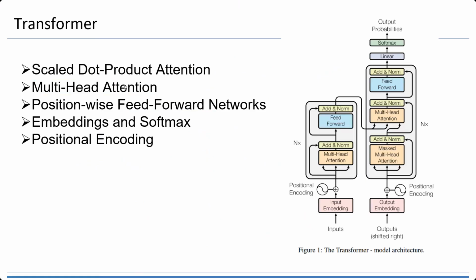What we already learned in the transformer is the scaled dot product attention.